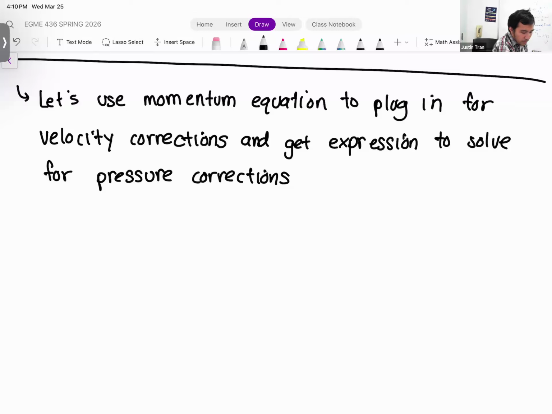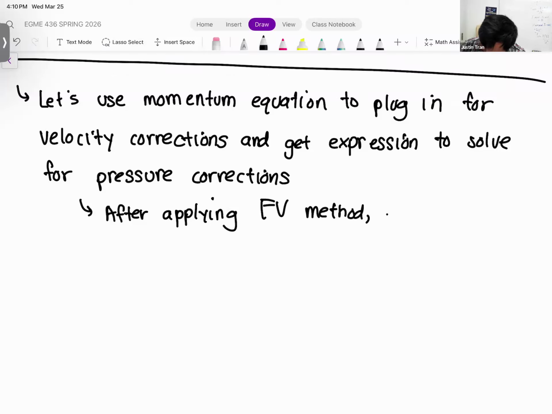So remember that we've already applied our finite volume method to our momentum equation. I'm going to use the vastly simplified version of our momentum equation that only has the linear coefficients, just for the sake of time.